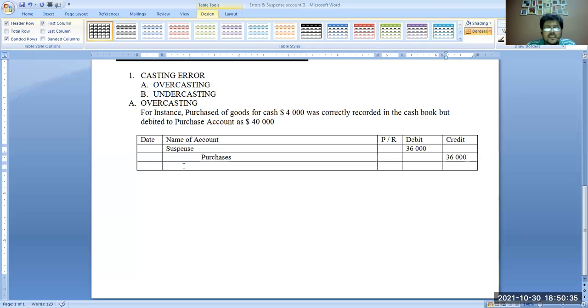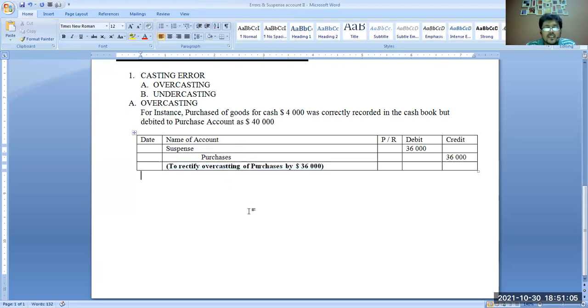To rectify overcasting of purchases by $36,000. Getting my point clear?